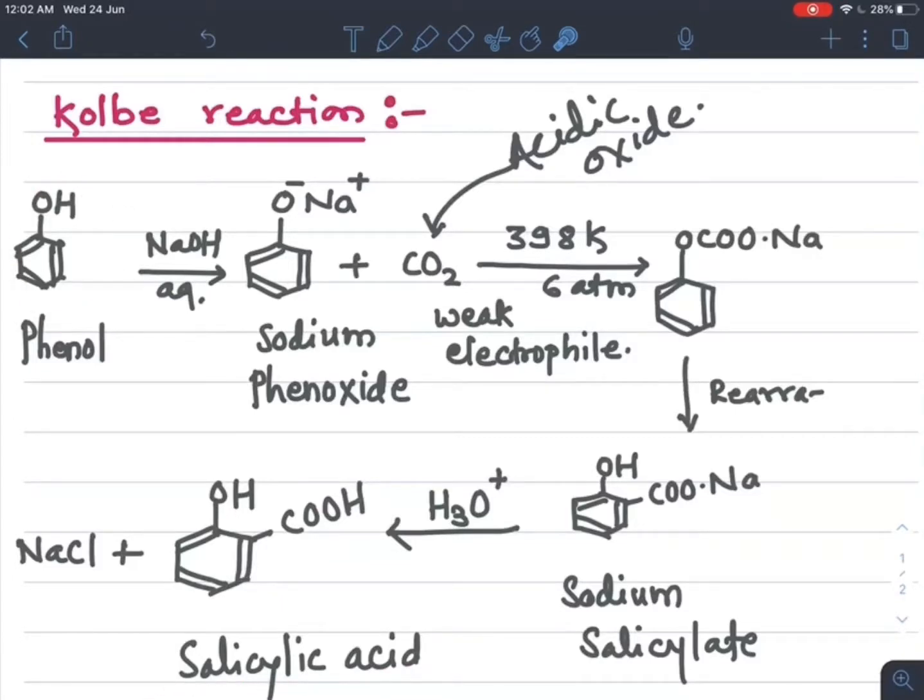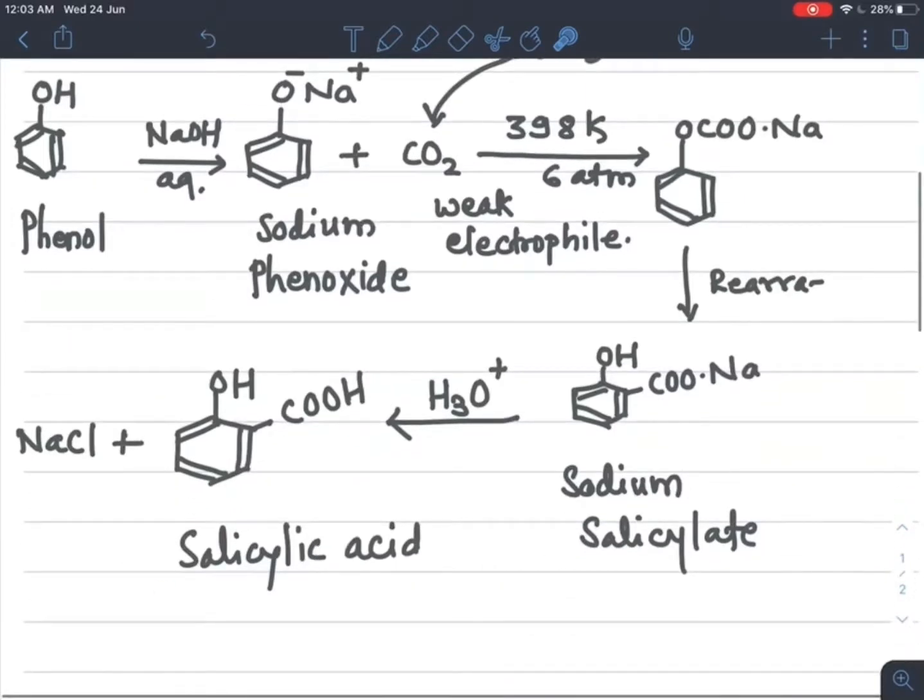If phenol is finally converted into salicylic acid, the reaction is nothing but the Kolbe reaction. Which reaction is it? Kolbe reaction. Phenol, when it reacts with carbon dioxide at 398 Kelvin and 6 atmospheric pressure, finally gives which acid?